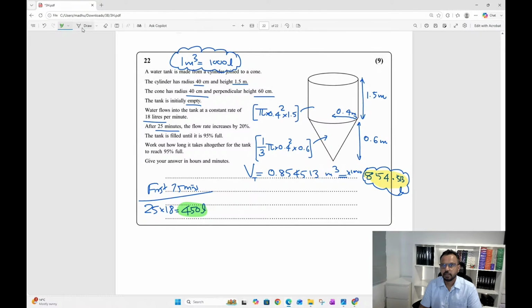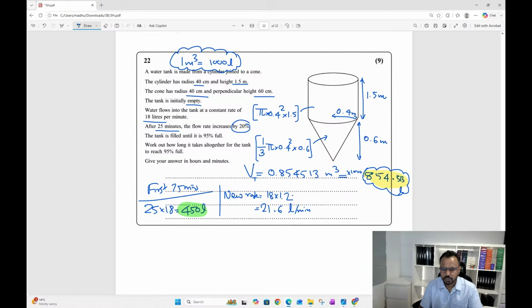Now the flow rate increases by 20%. What's the new rate now? The new rate is 18 times 1.2, which gives me 21.6 liters per minute. Thumbs up if you understand this.